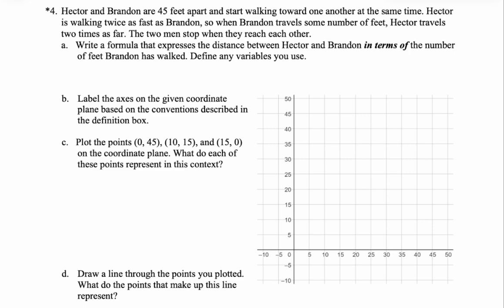So do you see how it says in terms of the number of feet that Brandon walked? So that's the variable we really, really need. So we know x is going to be the number of feet that Brandon walks. Now, if we read it, it says that Hector travels 2 times as far. So in terms of x, what would Hector's distance be? 2x.